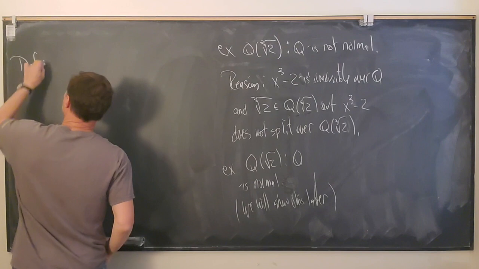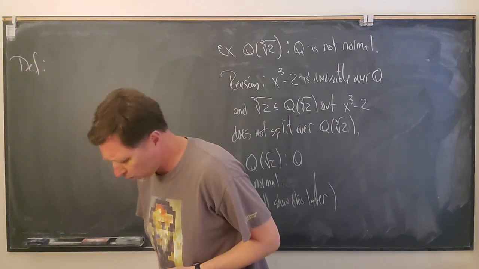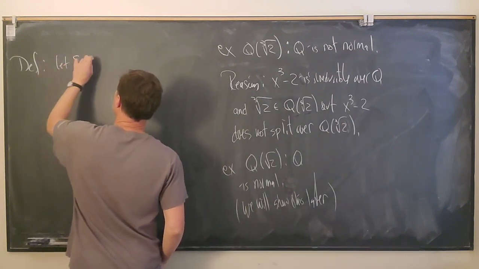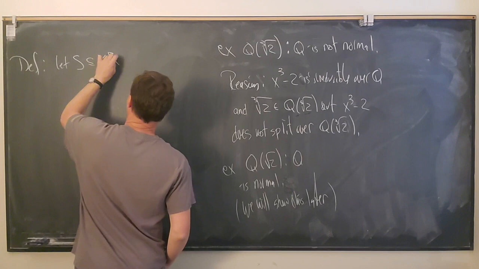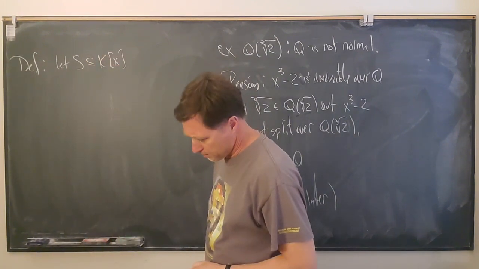Okay, so our next definition, kind of a generalization of the definition of splitting field that we had before. So let S be a subset of the polynomial ring K[x].